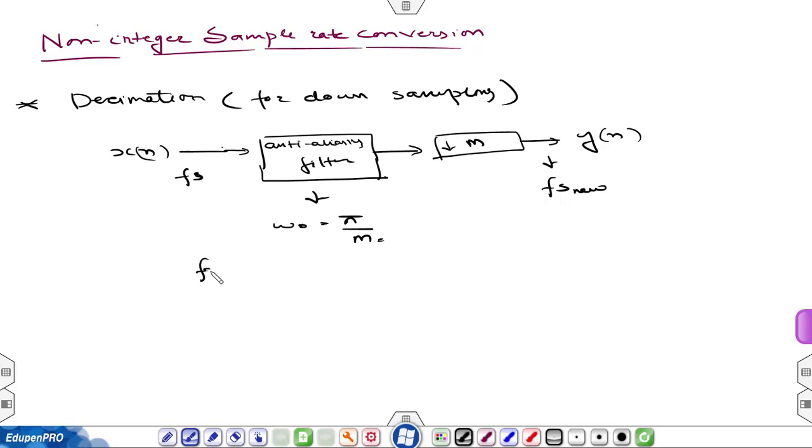So this fs new was equal to fs by M, and this M was an integer value.